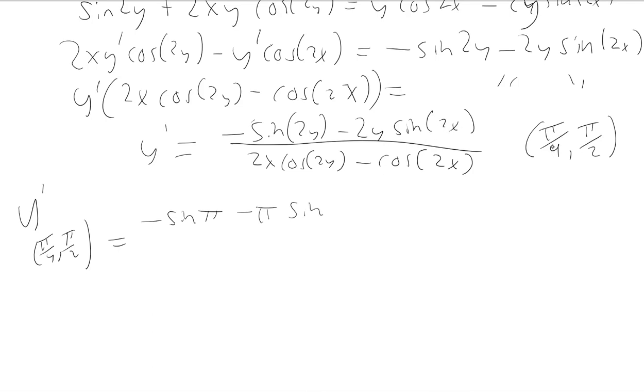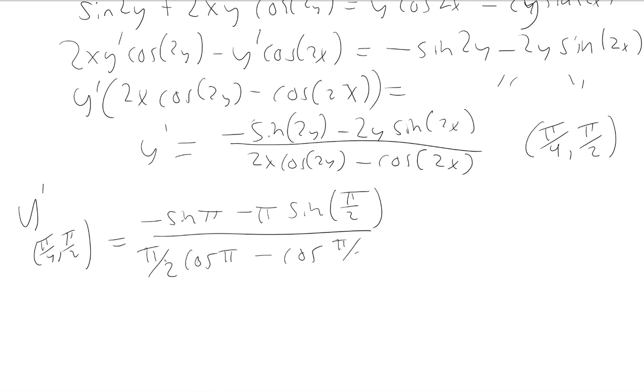So 2 times the pi over 4 would be pi over 2. 2 times x. 2 times pi over 4 would be pi over 2. Cosine of 2y, so multiply y by 2, that would be cosine of pi. And then cosine 2x, multiply x by 2, that's the cosine of pi over 2.